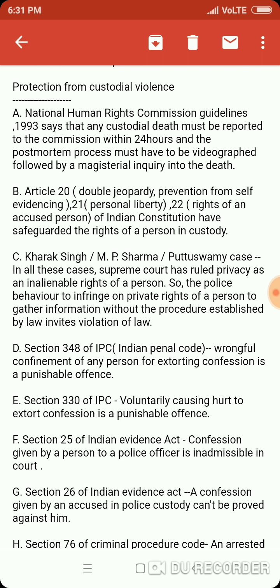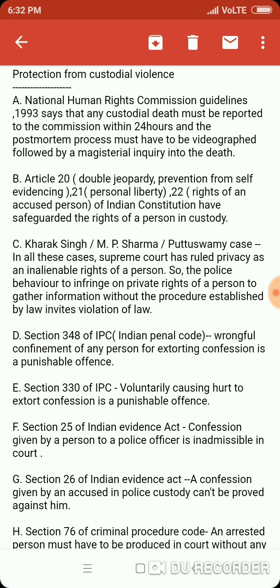The National Human Rights Commission guidelines of 1993 say that if a person is arrested, he must be produced before a magistrate within 24 hours. If a person dies in custody, the whole post-mortem process has to be videographed, followed by a ministerial inquiry into the death.